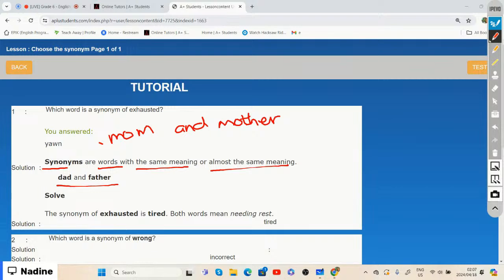If we still look at more words that are synonyms, we can say words like, for example, exhausted and tired. Those are synonyms.